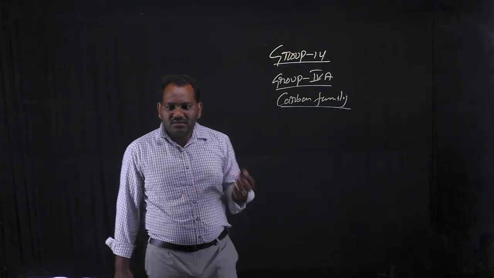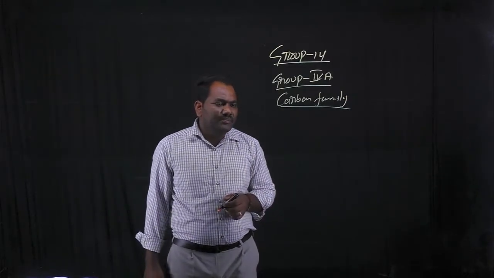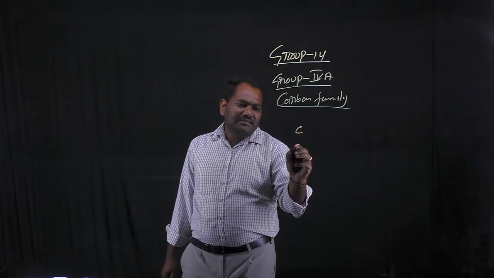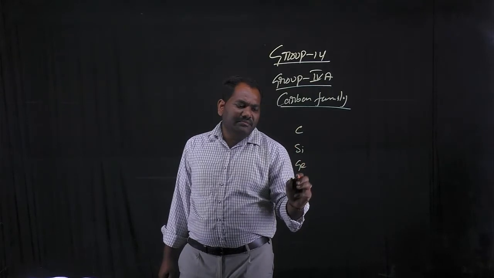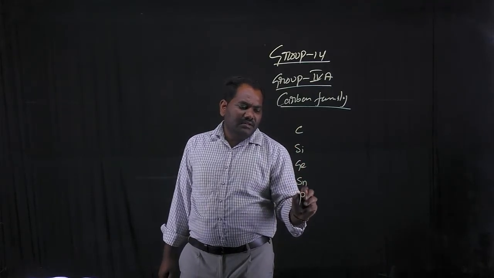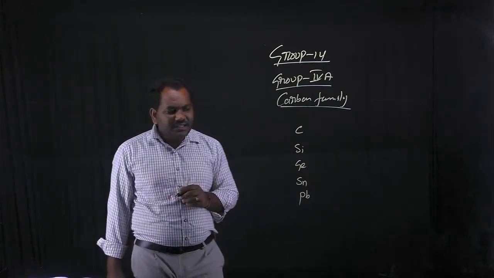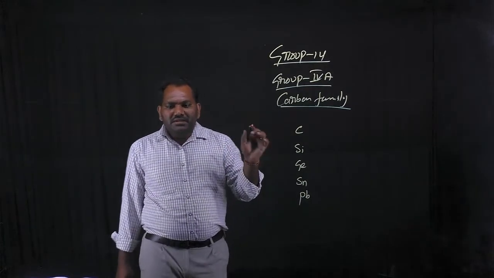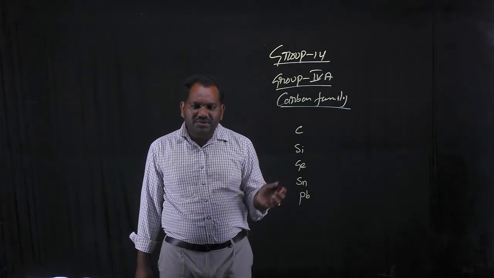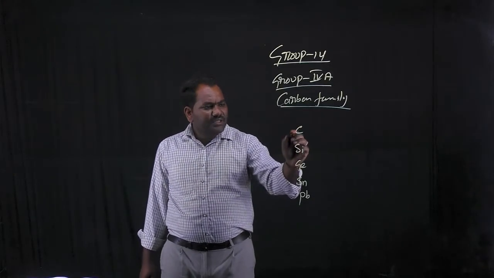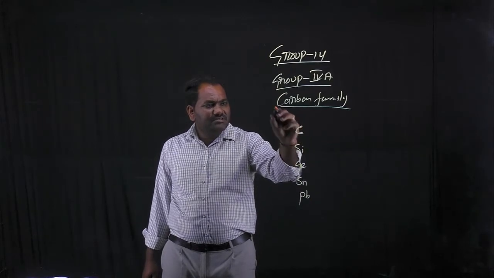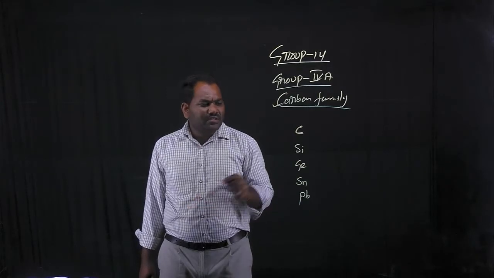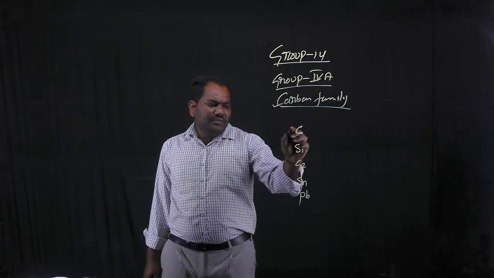This group mainly contains carbon, silicon, germanium, tin, and lead. The first element is carbon, that's why this is also called the carbon family. So totally five elements are present.